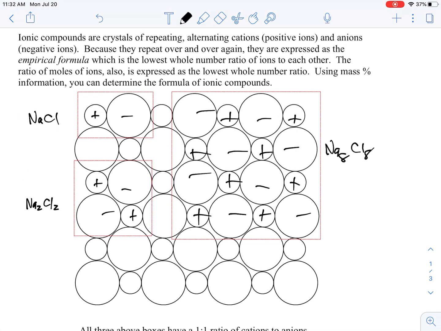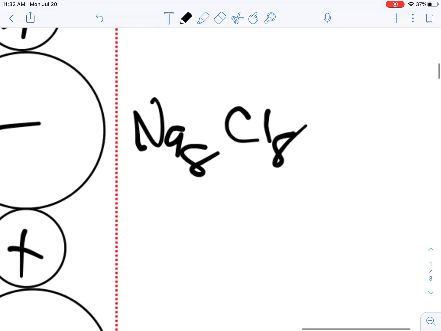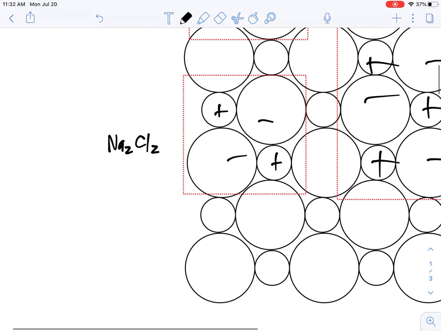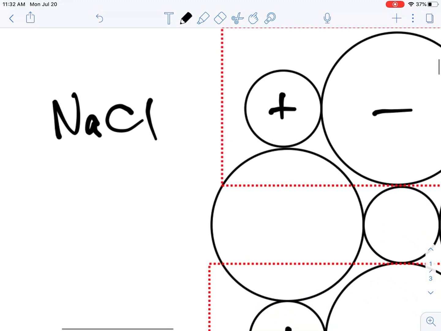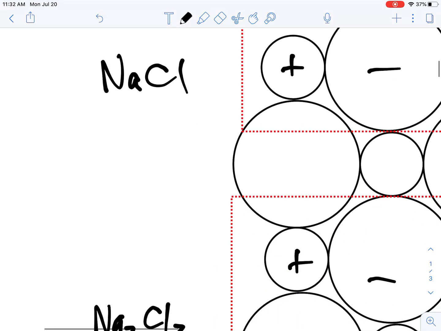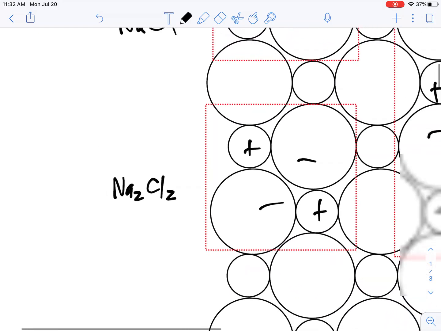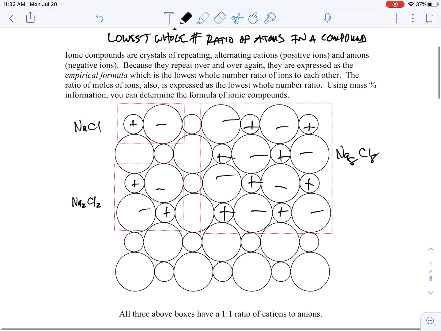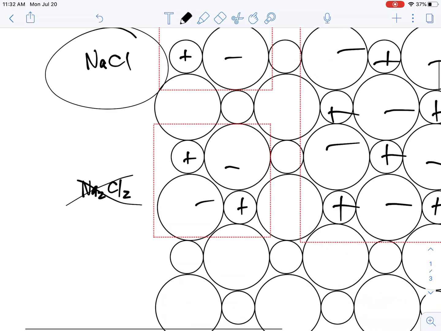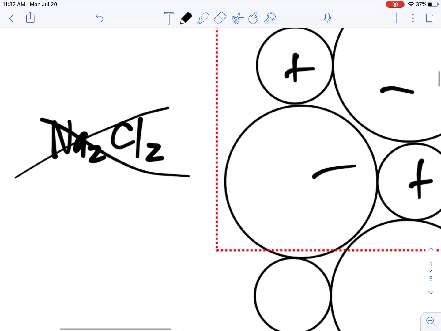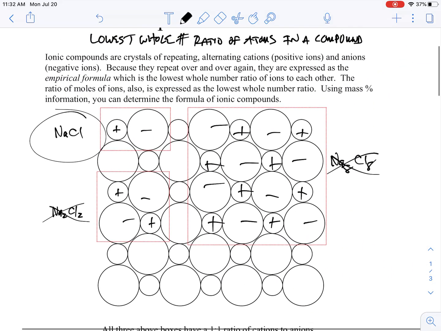So for ionic compounds, you don't worry about how many there are. What you do is you worry about how many there are relative to the other ones. So if it's NaCl or Na2Cl2, it really doesn't matter for the vast majority of ionic compounds, whether it's 1, 2, or 8. It's just going to be 1, because it is the lowest whole number ratio between those guys.